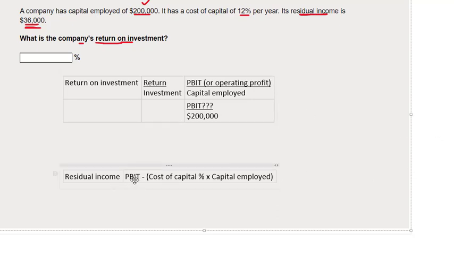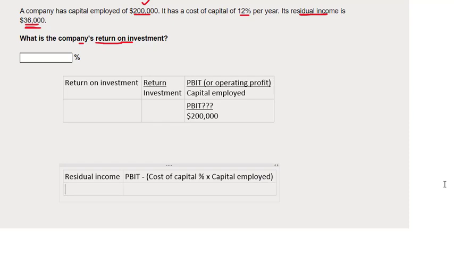I take the profit before interest and tax, or operating profit, but normally PBIT, and I subtract off the cost of capital of the business, here 12%, times the capital employed. This is an imputed interest charge. And what it's saying is how much of the business's profit is left after we've deducted a charge for the funds that are tied up in running the business.